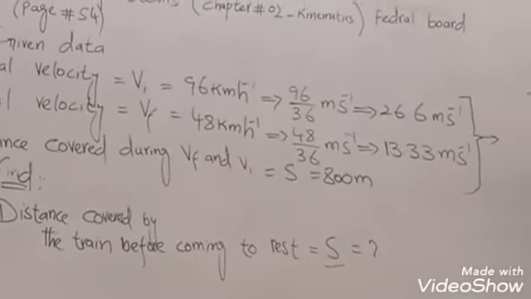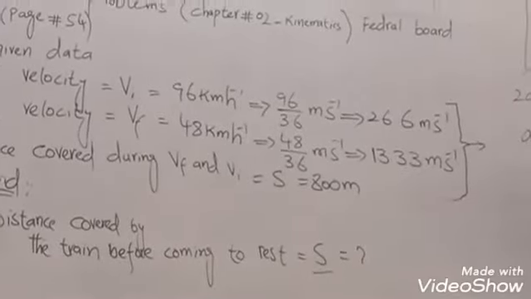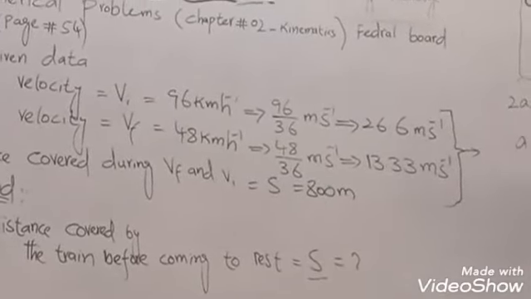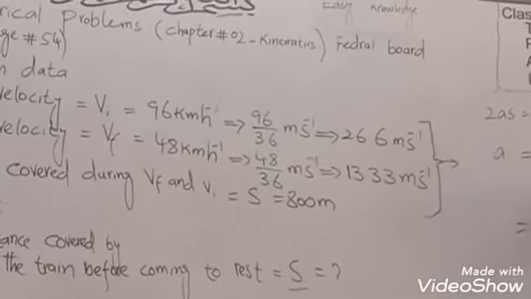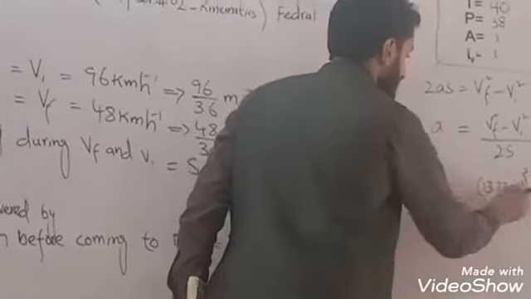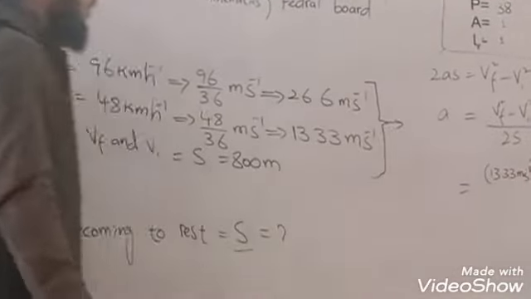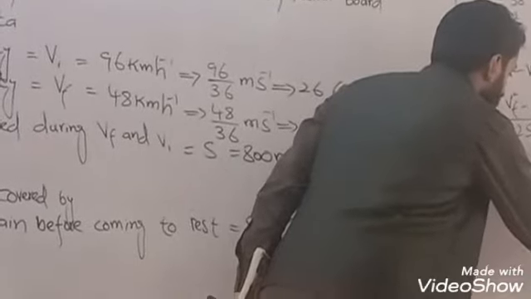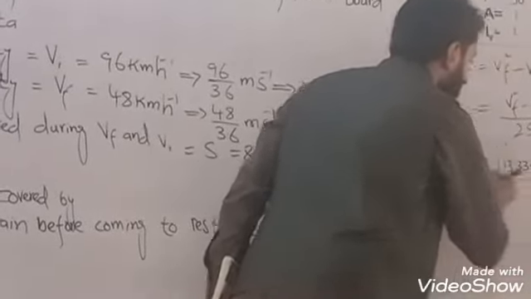By putting the values of Vf, Vi and s, we will get, what is the value of Vf? 13.33 meter per second whole square minus, what is the value of initial velocity? 26.6 meters per second whole square divided by 2 multiplied by distance.